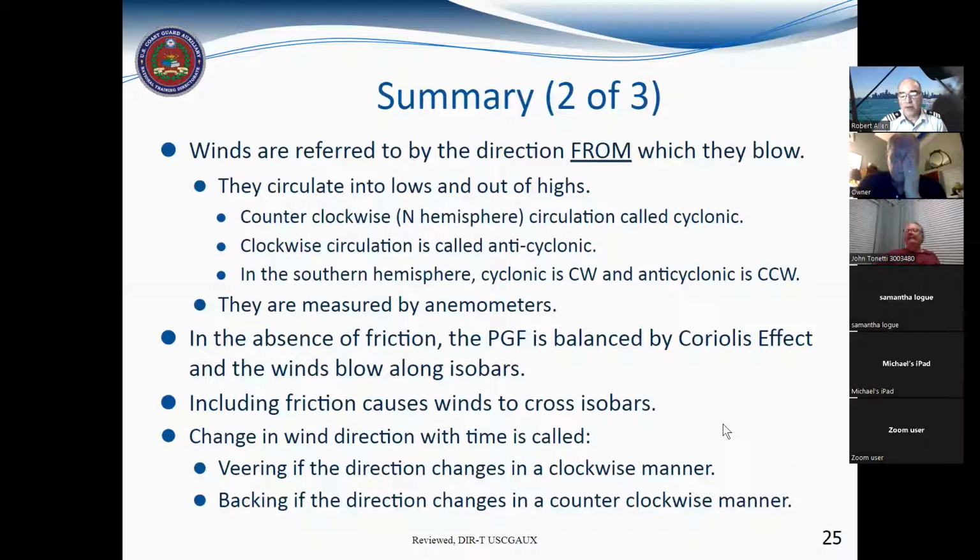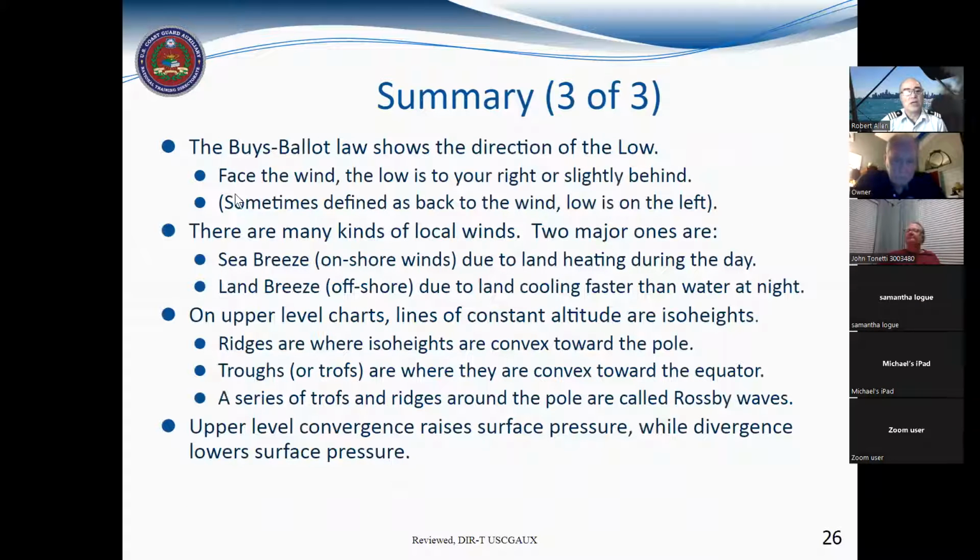So just remember, veering is tick, tick, tick, going around. The Buys-Ballot law shows the direction of the low, and you can impress your friends with that at parties. Face the wind, and the low is to your right or slightly behind. Just don't read that line, because it confuses you by saying it backwards.